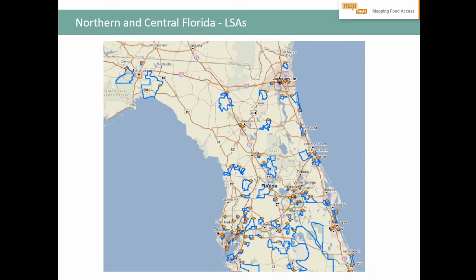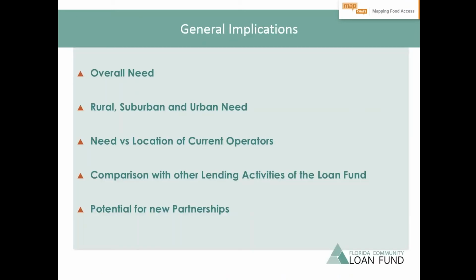This was very interesting. It's a map of the LSAs, similar to what Lance did in Philadelphia. This is the northern and central part of the state. One of the things that was very telling for us was the extent to which a lot of our LSAs are in more rural areas rather than suburban or urban communities.